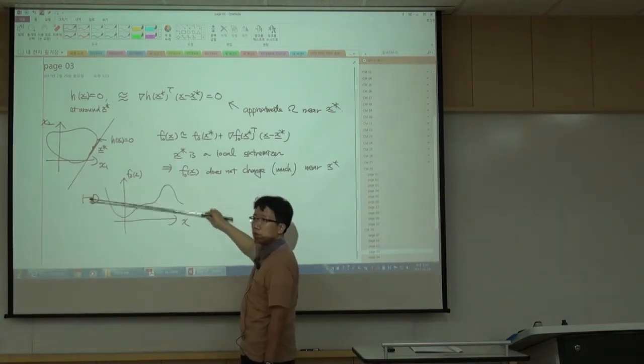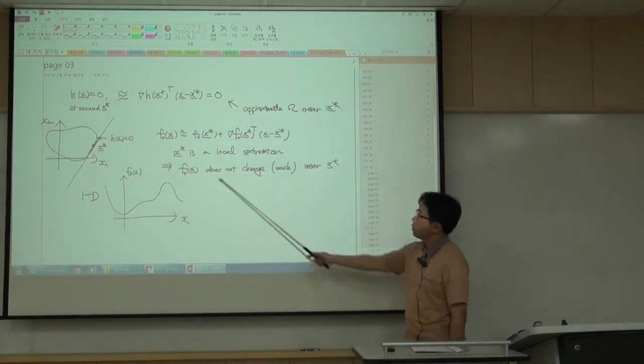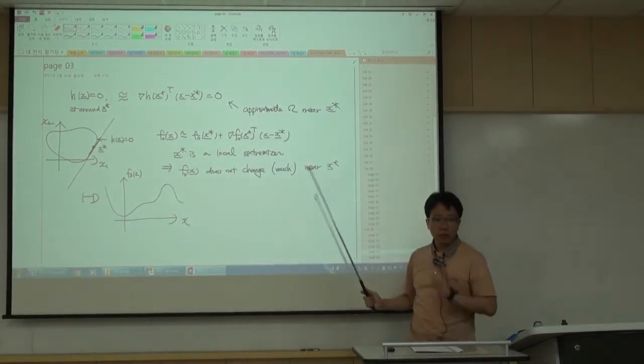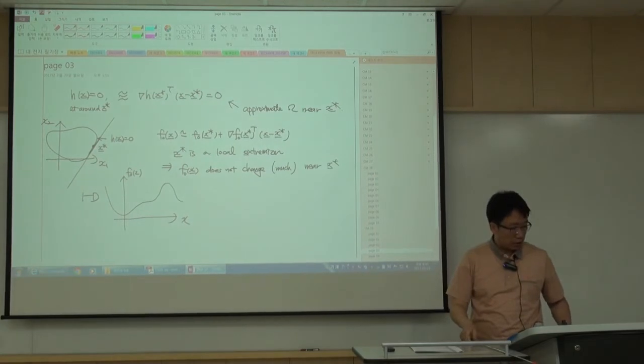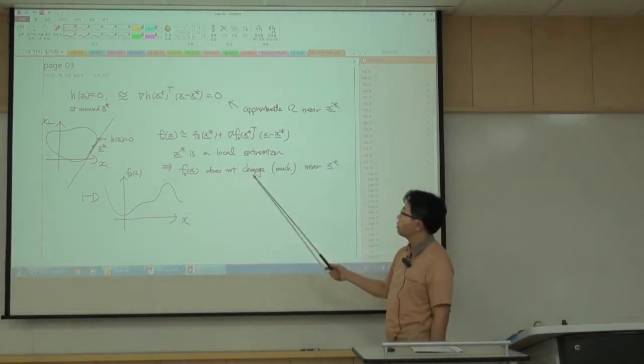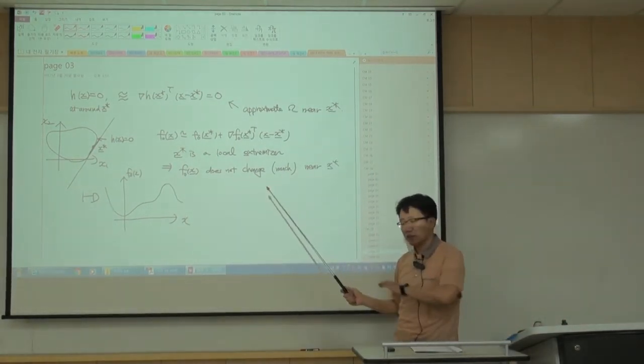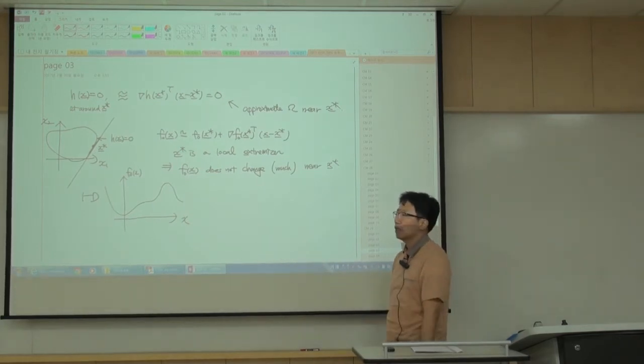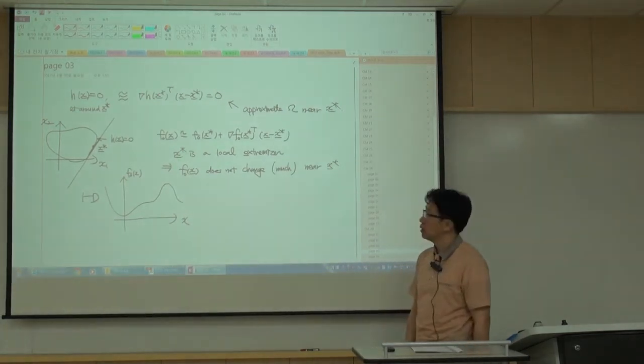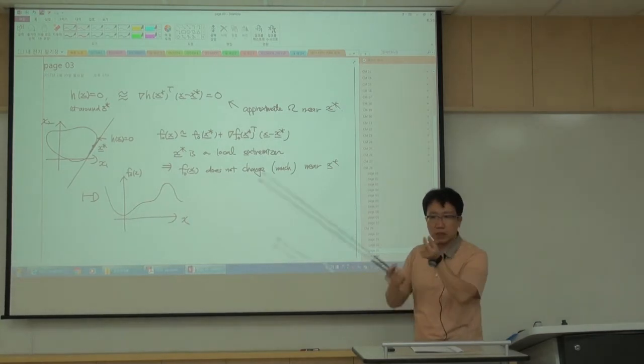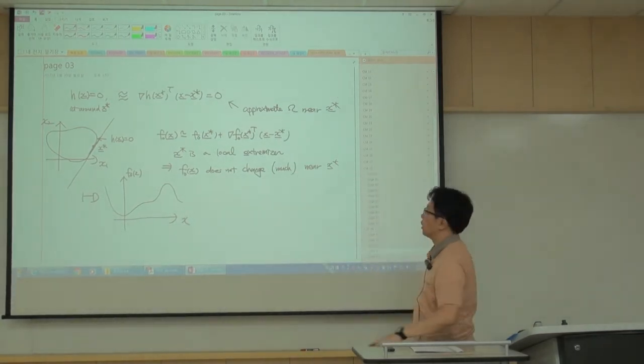Got it? So, this is true. Local extremizer means that the objective function value does not change much, or you can say it does not change locally, when you take h goes to 0 in your limit process.